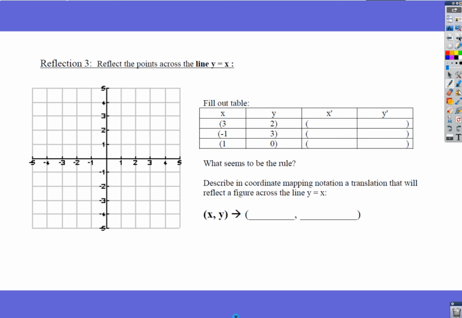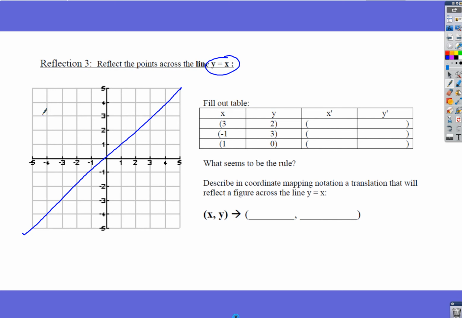This next one, what line are we reflecting over? We're reflecting over y equals x, which, just to give you an idea, would be the axis of reflection. So if I were to graph them, these would look like mirror images of each other in reference to that line right there. What was the common rule that we remembered?